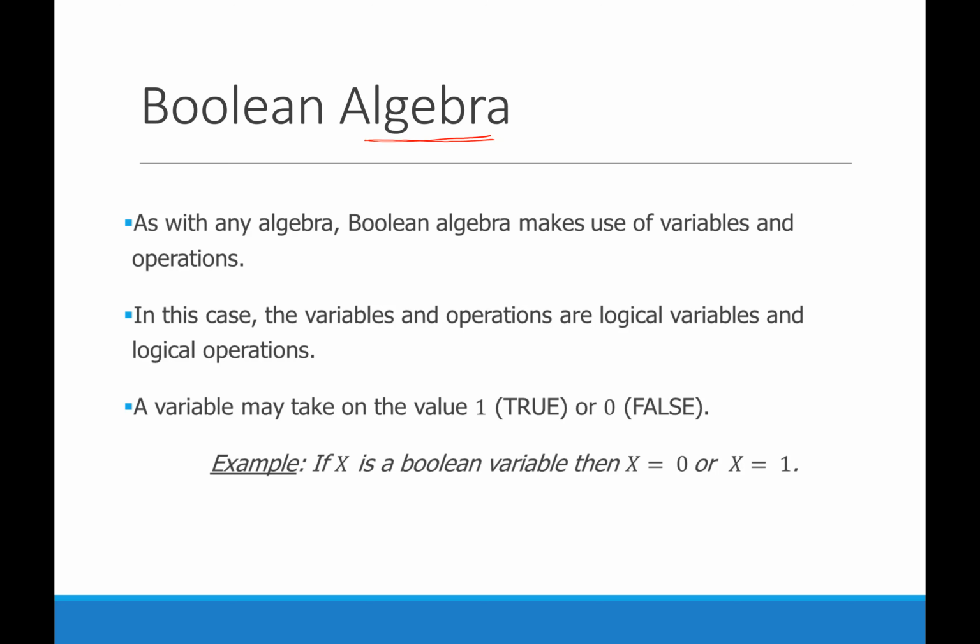Do we have any idea what's the difference between just algebra and Boolean algebra? Now we know both are working with variables and operations. And as I said earlier, any digital system is developed by using digital circuits.